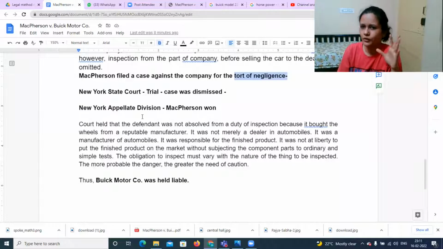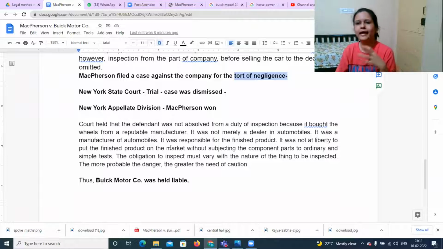After that, MacPherson filed an appeal in the New York Appellate Division and he won the case. Basically, what the court said is that the defendant was not free from his duty to do the necessary inspections just because he bought the wheels from a reputed manufacturer, or because he bought it from a regular supplier. It was not merely a dealer in automobiles, right? The company, Buick Motors, was a manufacturer of automobiles.